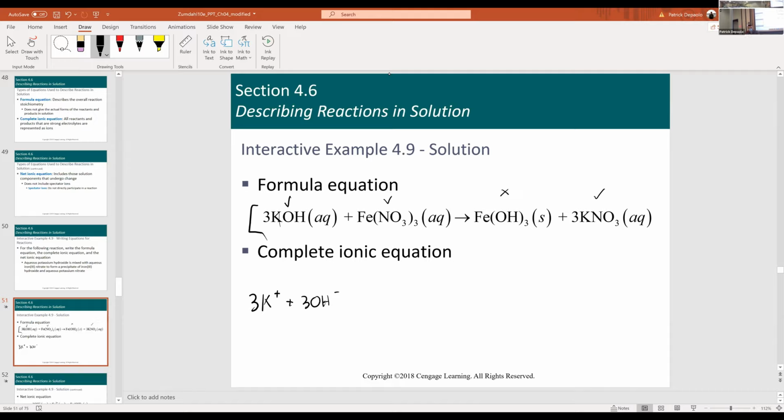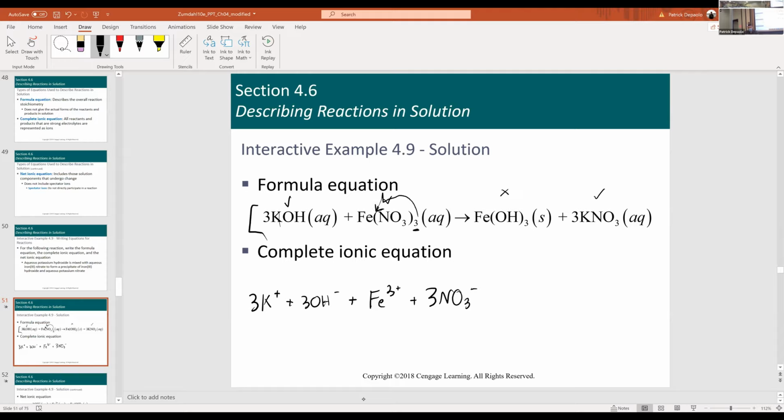Because there's 3 of the whole thing, when they split apart, it'll be 3 of each one. Then the same thing with the iron nitrate. It'll be 1 Fe3+ and 3 NO3-. This 3 from the NO3- comes up to the front.